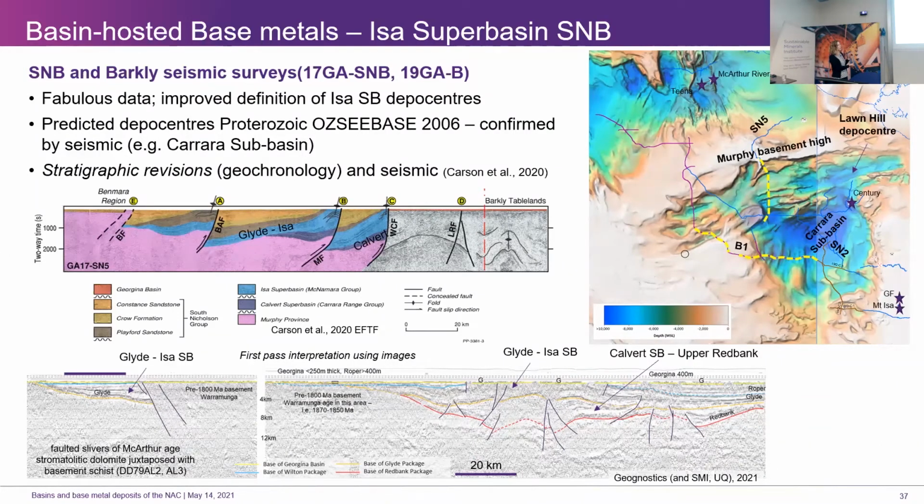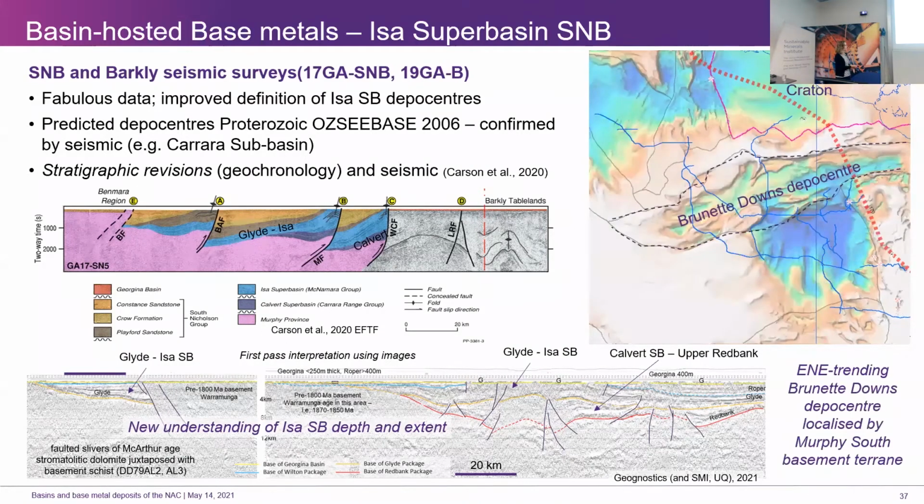MacArthur is the equivalent in the NT, up by MacArthur River and Tina. And there is a new drill hole just drilled by government, MINEX CRC, and preliminary geochron supports the interpretation. So we suddenly see a new understanding and new prospectivity for these lead zinc host rocks.